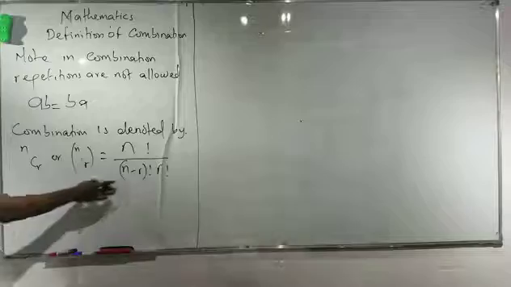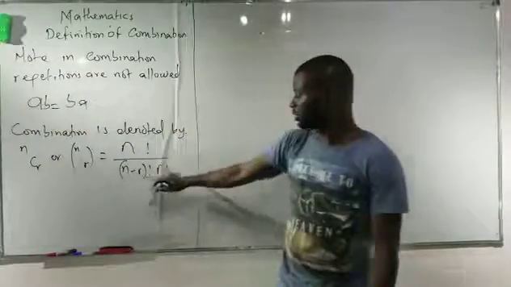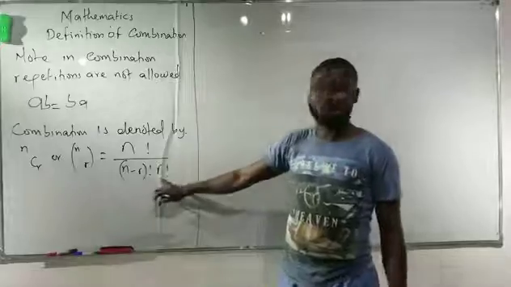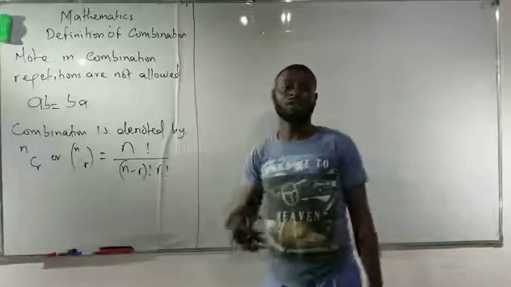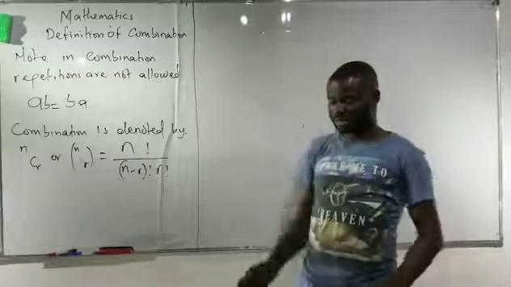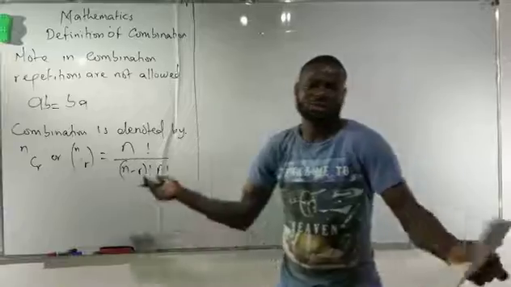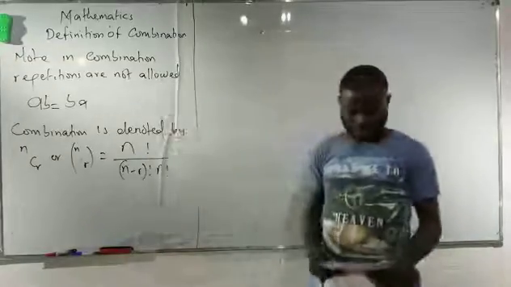Can you see the difference? In permutation, this is not there, but in combination, this is there. Don't forget that the word you'll be playing around with is select. You want to select a number of students, 5 students out of 100 students. That is the combination problem.